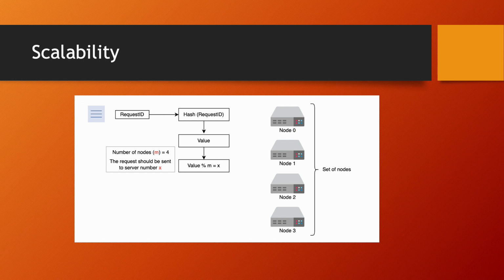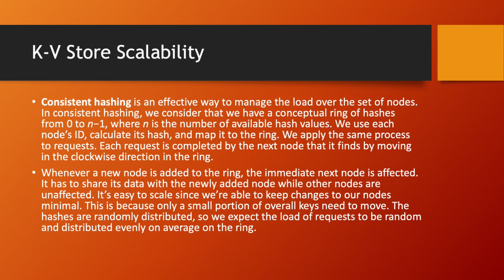Whatever we get, we'll get a value between 0 and m-1, and we direct that put to that specific node. Now, that mod approach doesn't really work because if we remove any node, then the keys will be redistributed and availability will be a question mark, or it will put pressure on the downstream services.